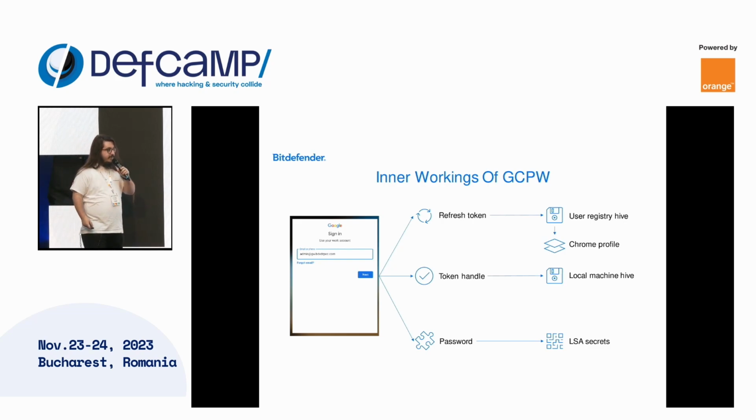Secondly, a token handle for the current authentication is generated so that GCPW knows whether the session is still active or not. And that token handle is stored in the local machine hive. Last but not least, the user's password is encrypted using a Google-provided encryption key and gets stored as a local security authority secret.